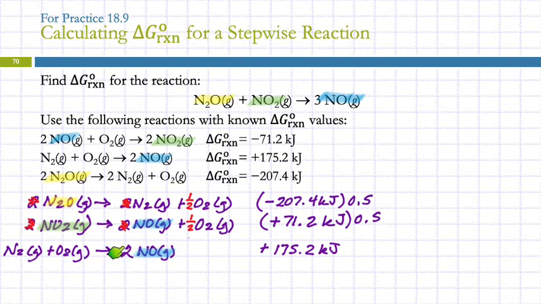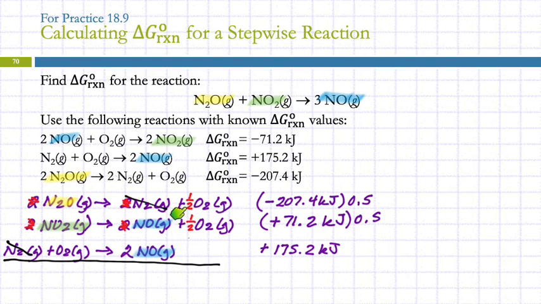Okay, so now if I add 1 NO and 2 NO, I get 3 NOs, and these guys are going to be 1's. So that's encouraging. So let's go ahead and add these together. So I have 1 mole of nitrogen on the left side, and I have 1 mole on the right side. So those are going to cancel out.